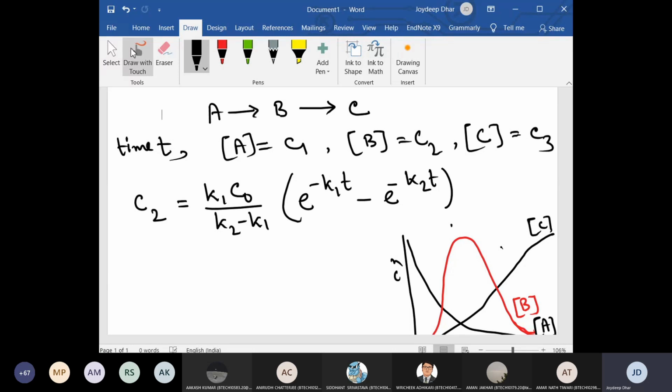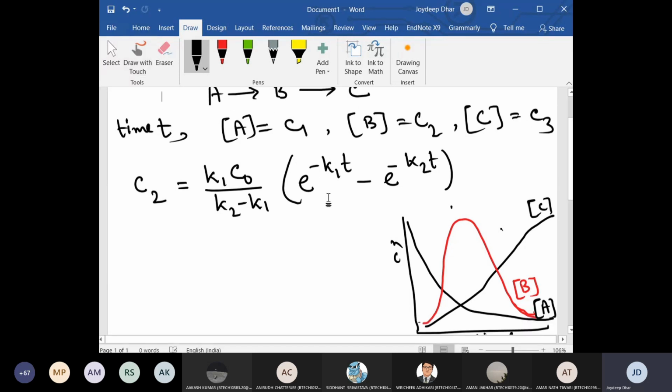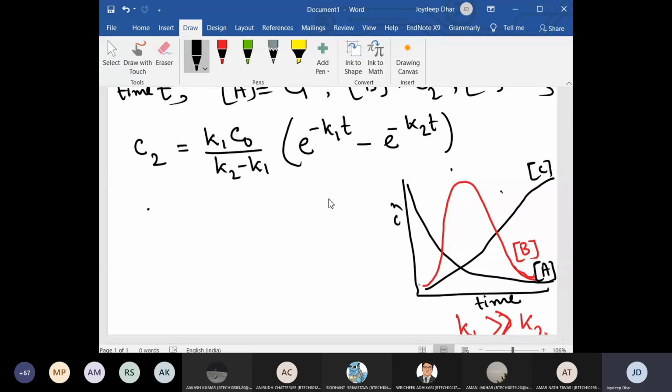So this is the concentration. So the maximum B, that is the maximum concentration of B, B max, I can say.